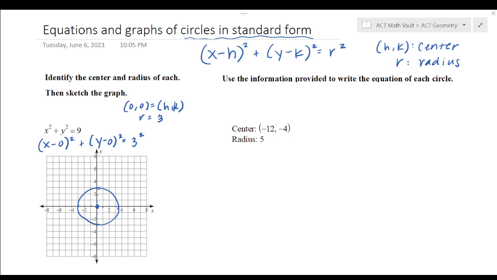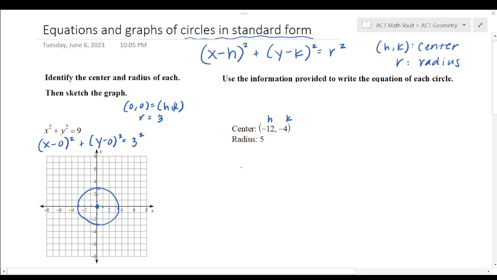And the next one, you could be asked to identify the equation given a center and a radius, like going backwards from what we just did. So an equation from this information, as we know, it's (x minus h). Hey, our h is negative and our k is negative here. So what do we do?